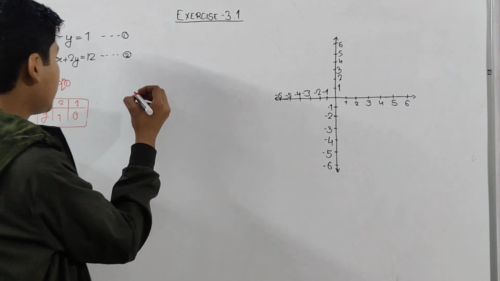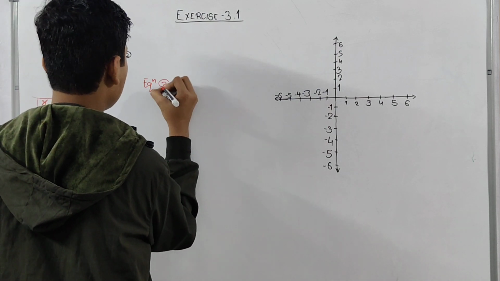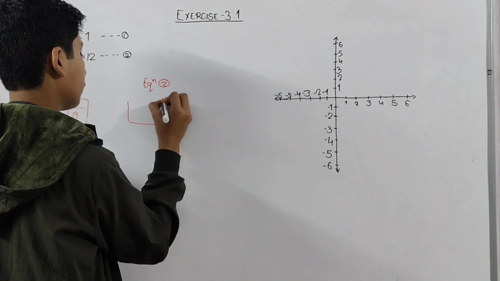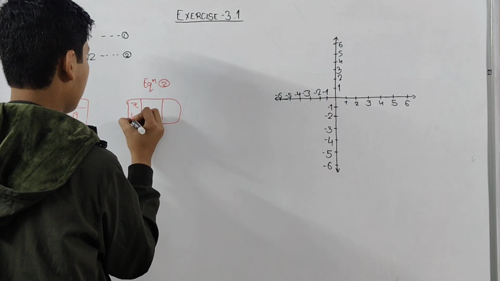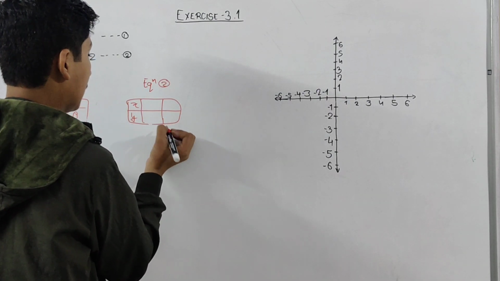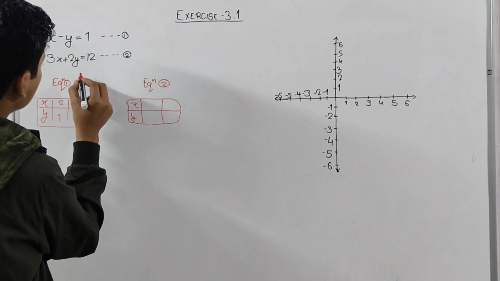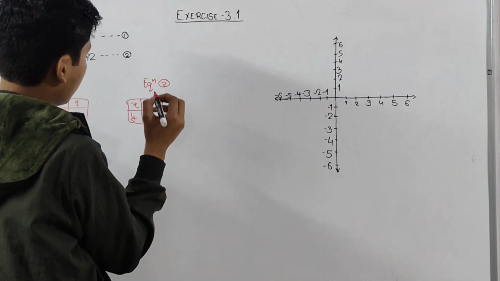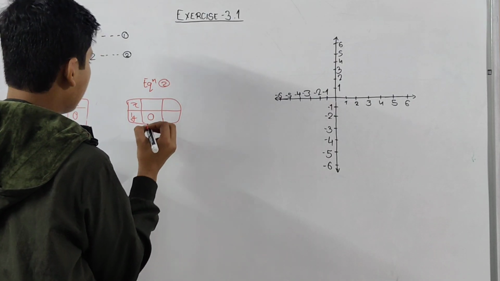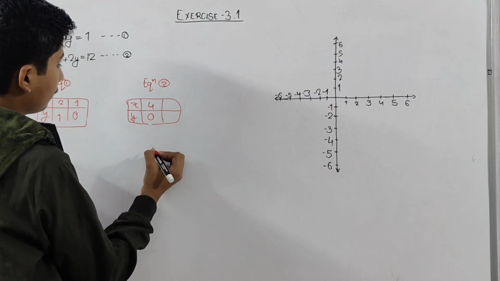Now in the second equation, x and y. We'll put the value of y. So 12 minus 2y: firstly with 0, upon 3, it will be 4.